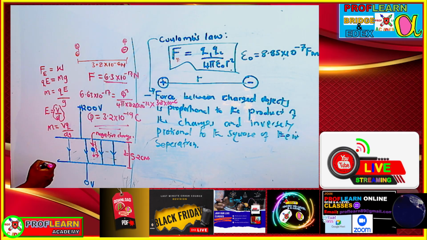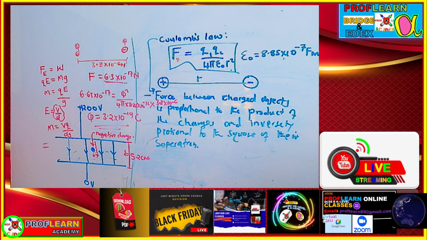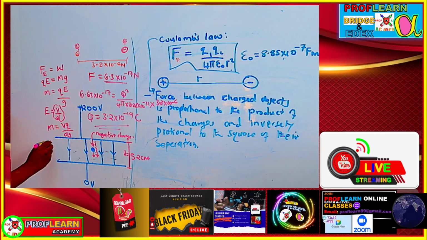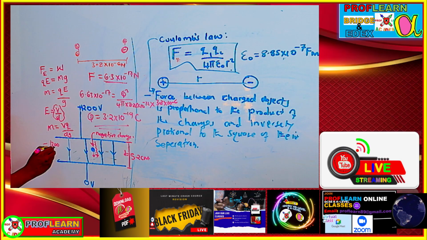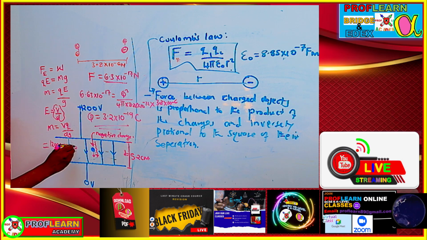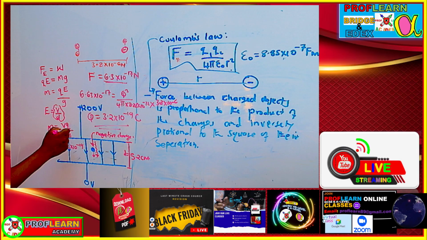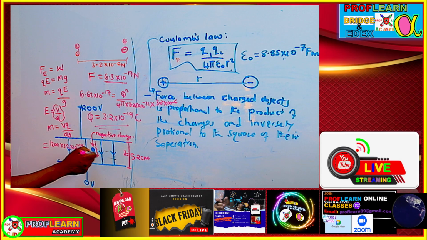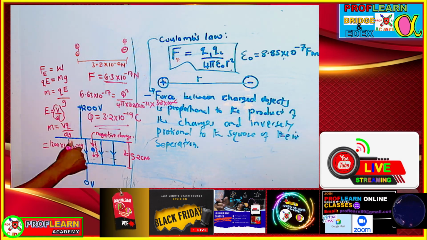Now if you apply this by substituting, we are going to have 1200 times 3.2 times 10 raised to power negative 19, which is the charge of this oil drop, obtained from the previous part.